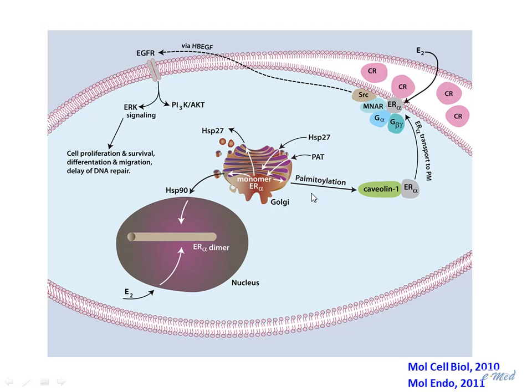Palmitylation is putting a palmitic acid group on a cysteine, usually internally, and that causes the physical association of ER with the caveolin-1 protein. This complex then moves to the plasma membrane, and here the caveolin-1 coat protein of the caveolae raft assembles a signaling complex.